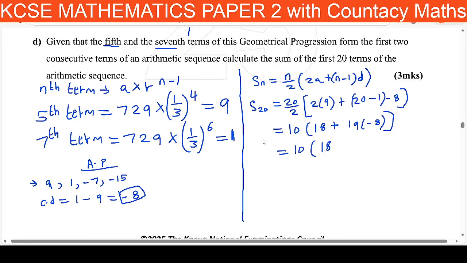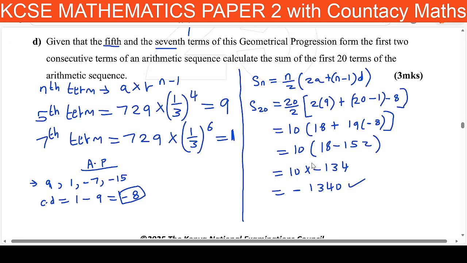That's going to give you -152. Yeah, that's true. And then, that's 10 multiplied by 18 minus 152. That's -134. Once we multiply that by 10, we get -1340, like that. And actually, that's the sum for those terms.